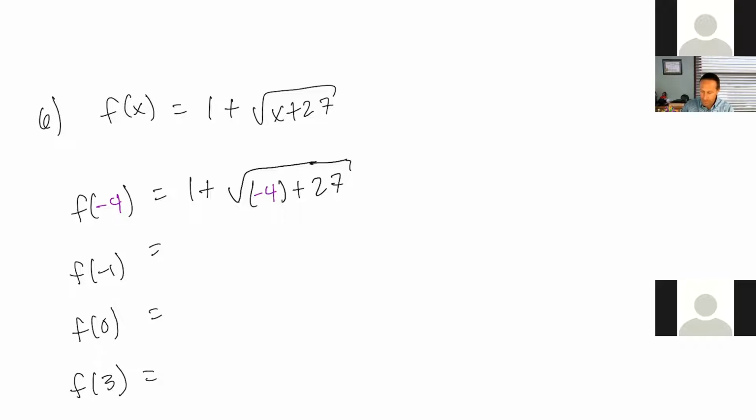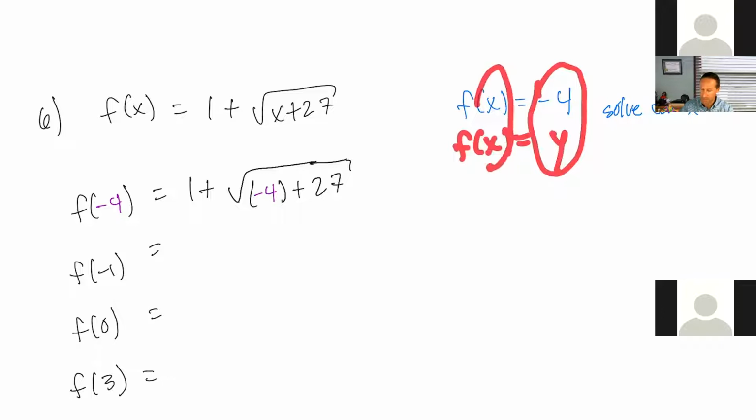So as I mentioned, the only thing that they can do, as you said, which is a good point, what if they said this and then ask you to solve for x? Well, then that's a little different. Now they're not giving us the x like they were here. Now they're asking us, remember we said f of x is equal to the y value? Now they're giving us the y value and asking us to solve for the x.